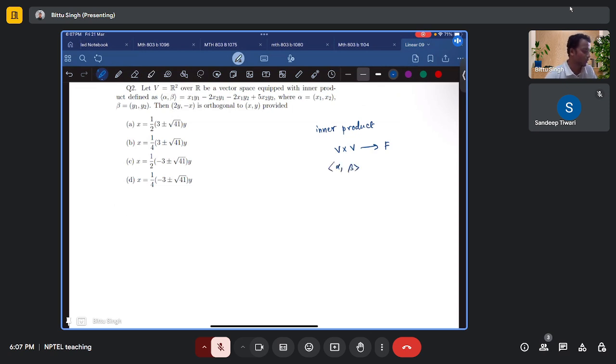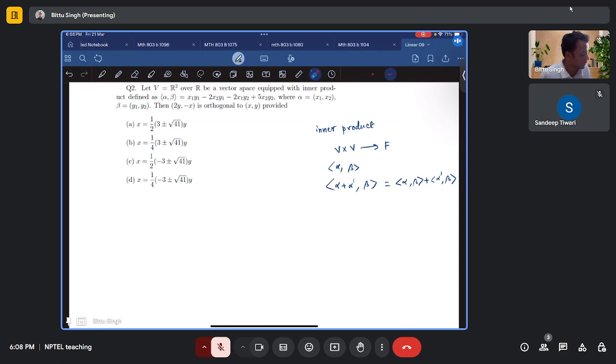It satisfies properties like alpha plus alpha dash comma beta is the same as alpha comma beta plus alpha dash comma beta. And similarly if there is some C, just take C common. Similarly for the other part the similar thing holds.